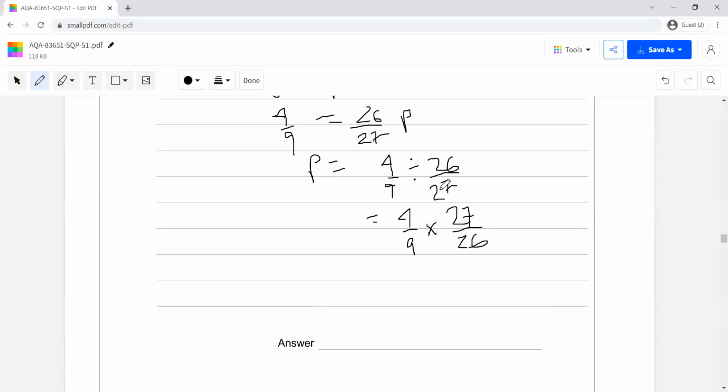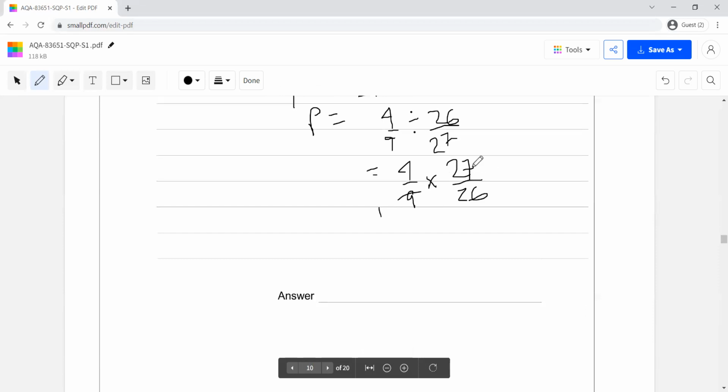And as you can see, this cancels out, becomes 1, this becomes 3. And we know that 4 times 3 is 12, and 12 over 26. Or maybe I've done this wrong. I have no clue.